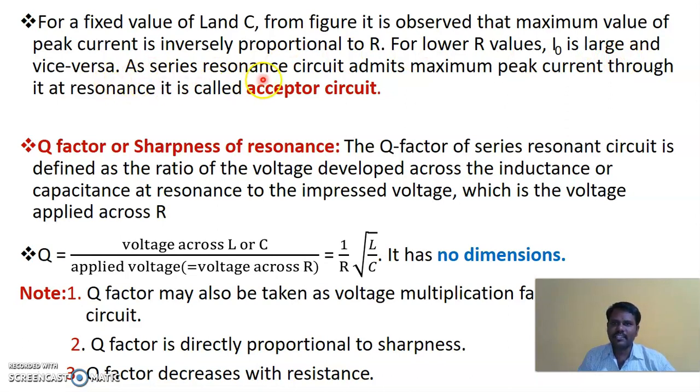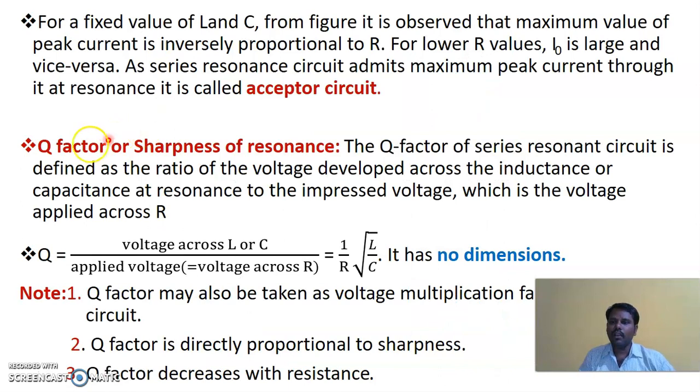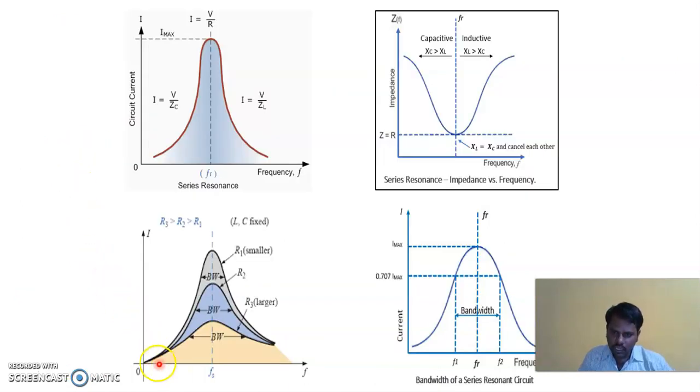A series resonance circuit admits maximum current at resonance and it is called an acceptor circuit, due to the fact that it accepts only at this particular frequency and rejects the others. The sharpness of the resonating curve, we are seeing, changes as the resistance changes.